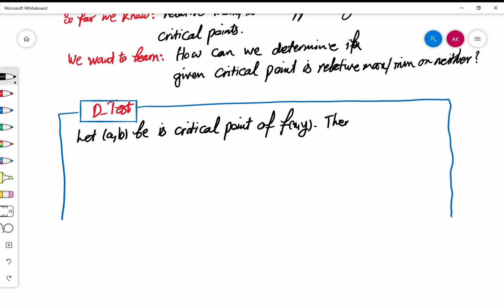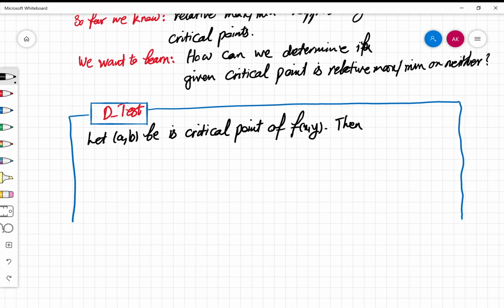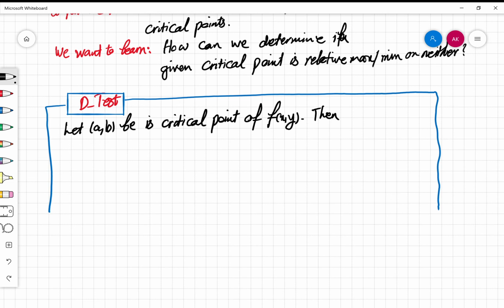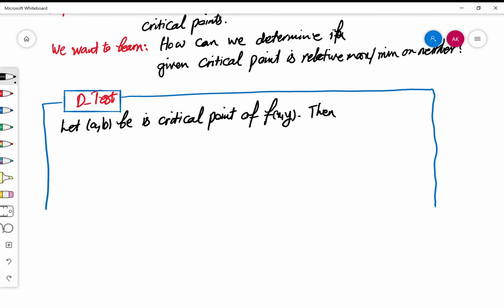Then, well, we define something out of this function. What we do is this. You have to be very careful at this stage. So you find the second partial derivative fxx and evaluate it at (a, b).